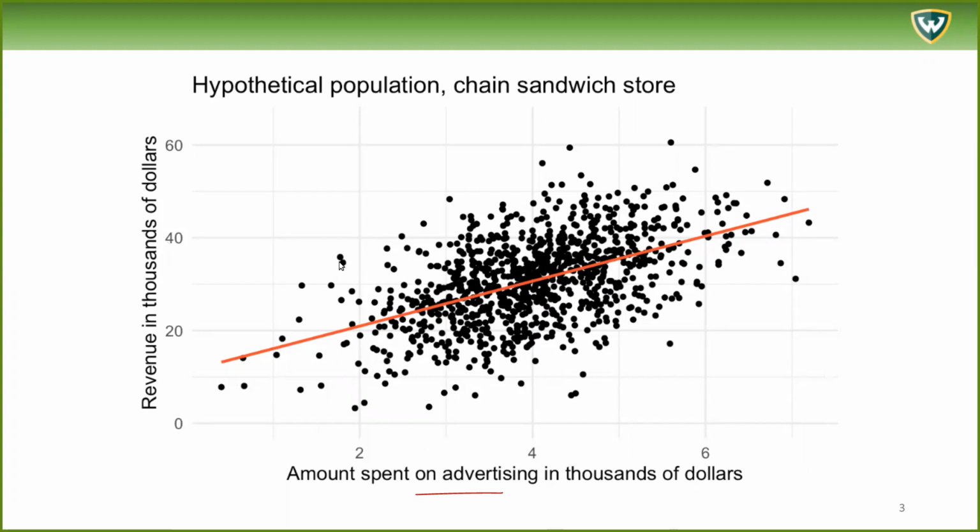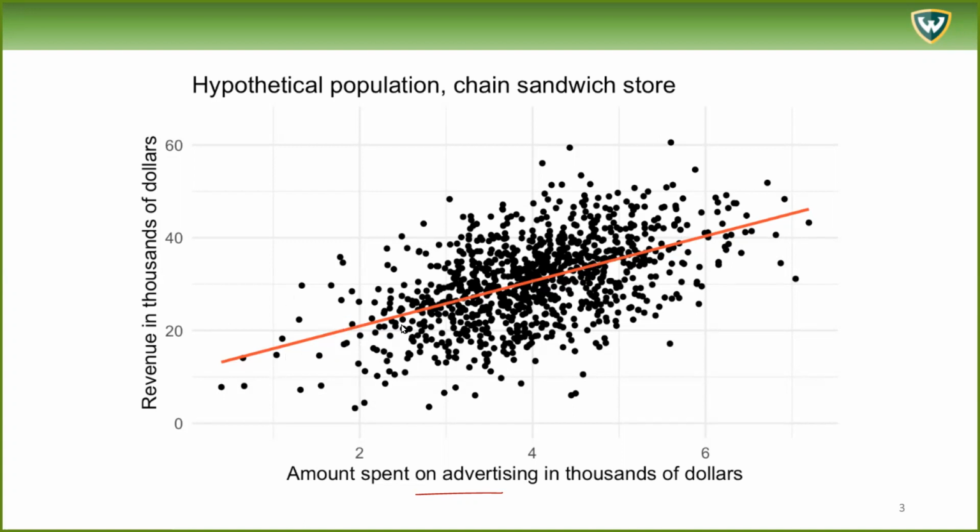So each dot is a store, and this is the amount they spent on advertising. So let's get maybe an easier one. Let's just get this one here. So this is $1,000 spent on advertising leads to about $15,000 in revenue for that particular store.